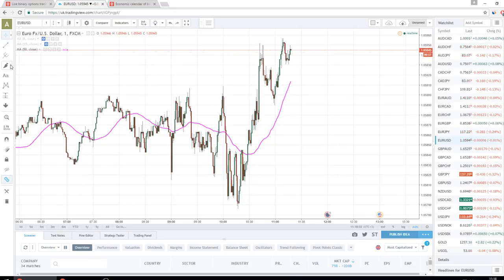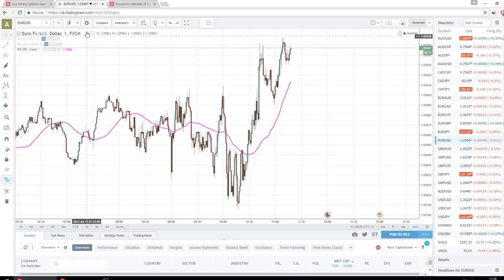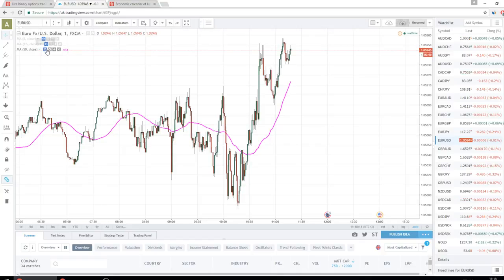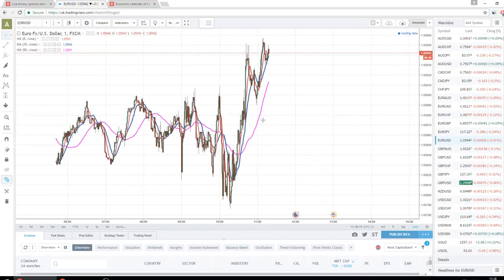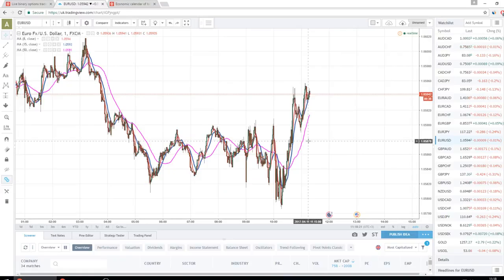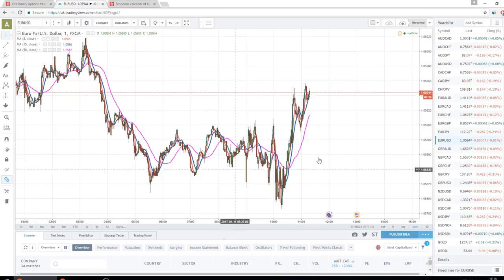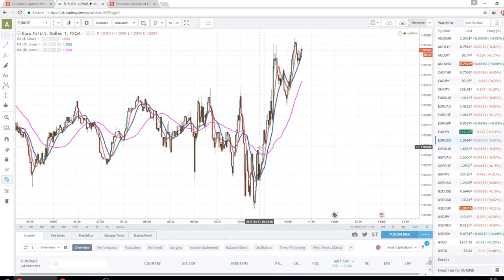So what else can we do with the moving averages? Right now I will switch on all 3 indicators, all 3 moving averages with different periods.